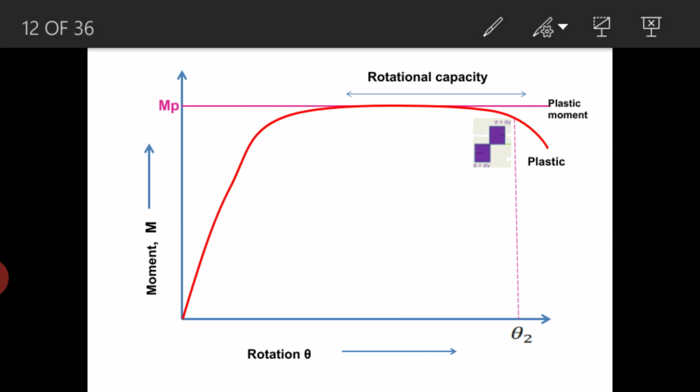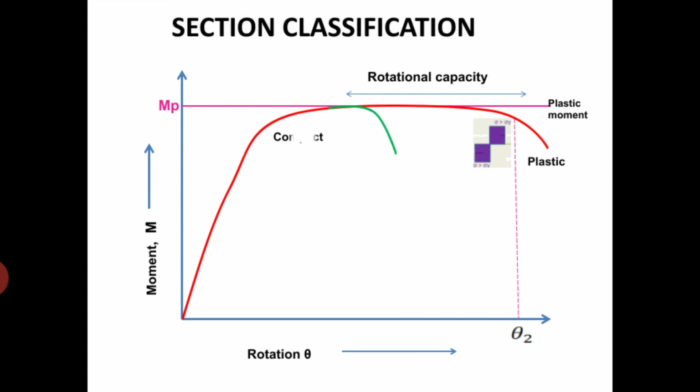The next is this curve, which represents the compact sections. For a compact section also, this is the stress distribution diagram we get. So class 2 sections: the cross sections have lower deformation capacity, meaning these sections will have a lower deformation capacity, but are also fully effective in pure compression and are capable of reaching their full moment capacity in bending.